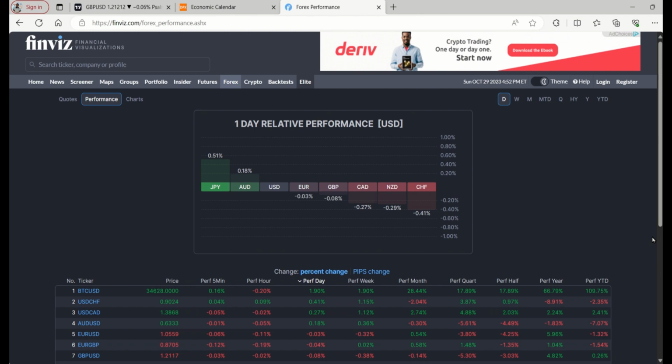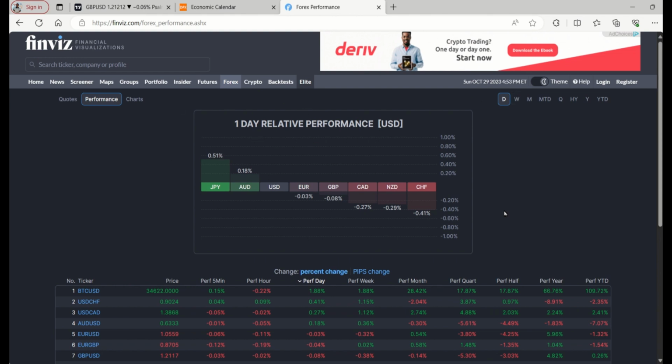And by assessing fundamental factors like interest rates, inflation, economic stability, like I mentioned in the first point. So when you understand which currency is stronger or weaker, it can help you make informed trading decisions. In this page, for instance, we can see that the Japanese yen is the strongest currency.